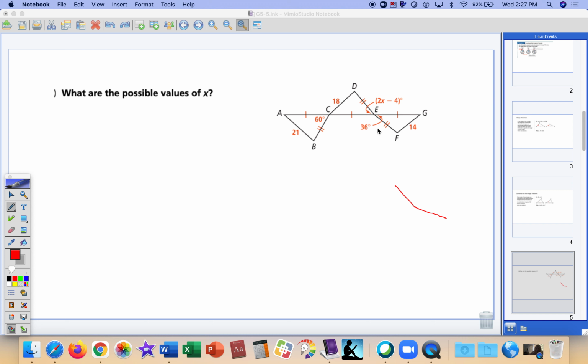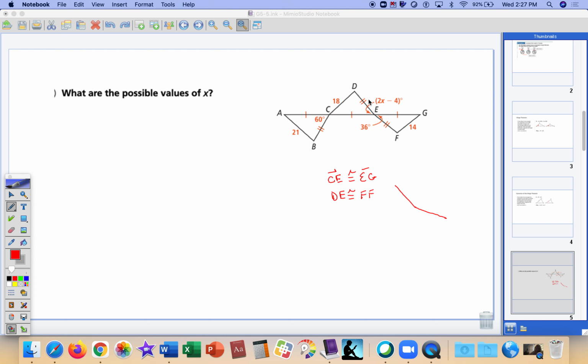So if we see we have a single slash here, we're given that CE is congruent to EG, and we're also given that DE is congruent to EF.